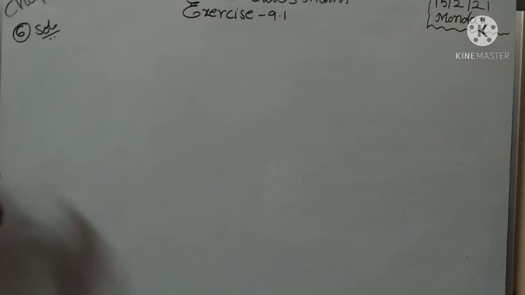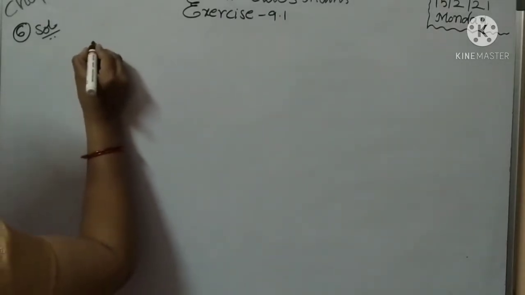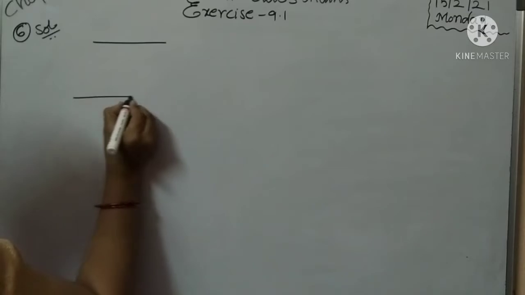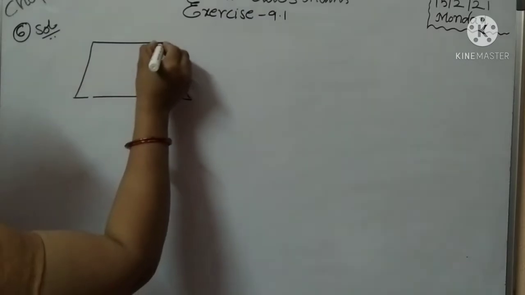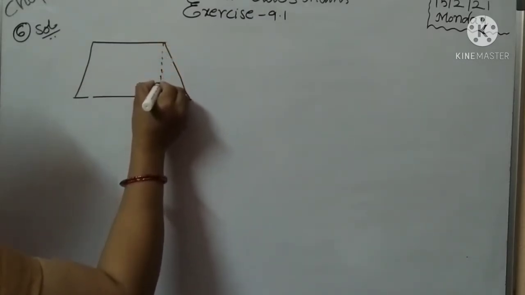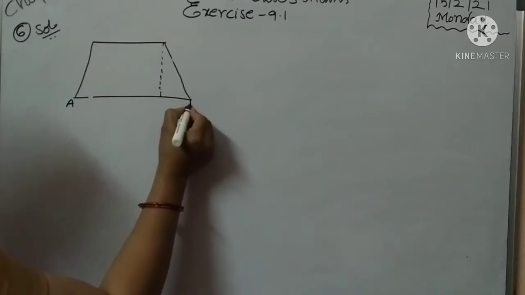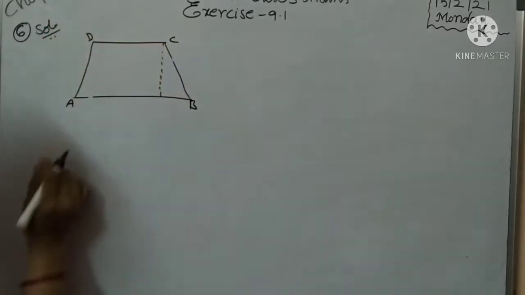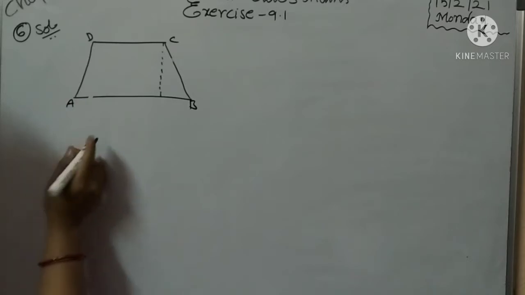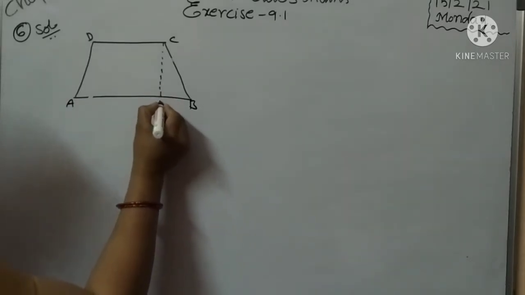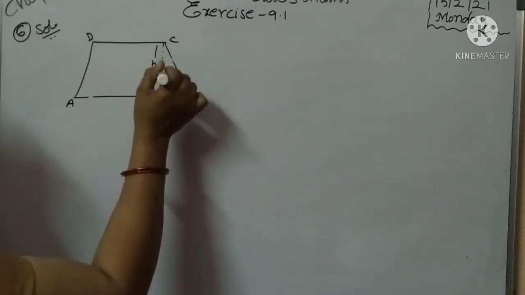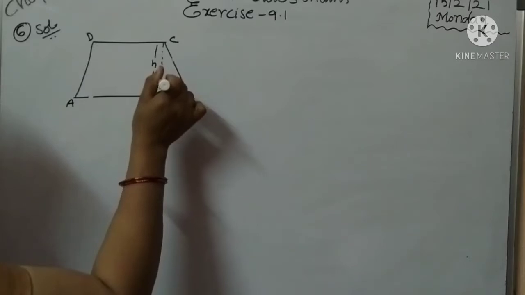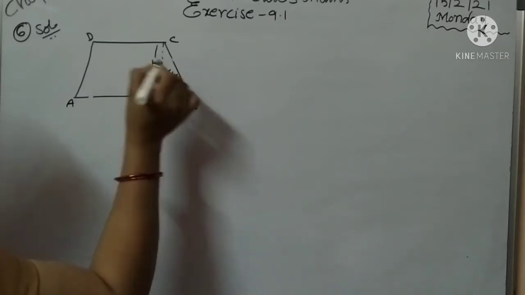The ratio of the lengths of the parallel sides of a trapezium. ABCD is a trapezium and here the height, the distance, h, is given as 16 centimeters.